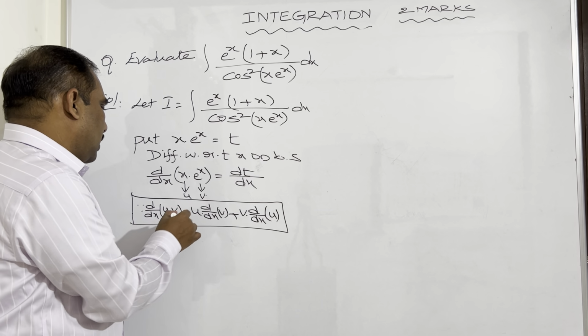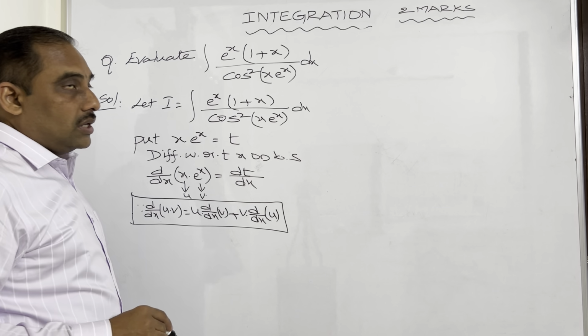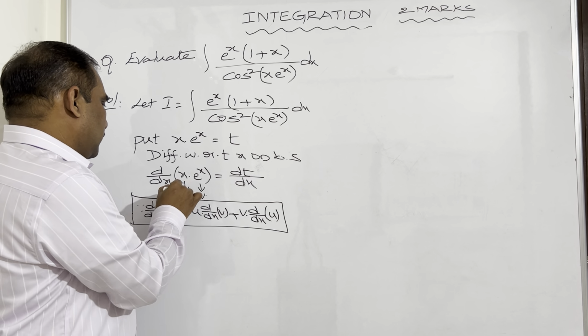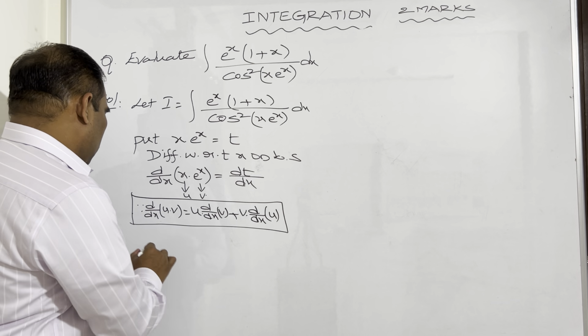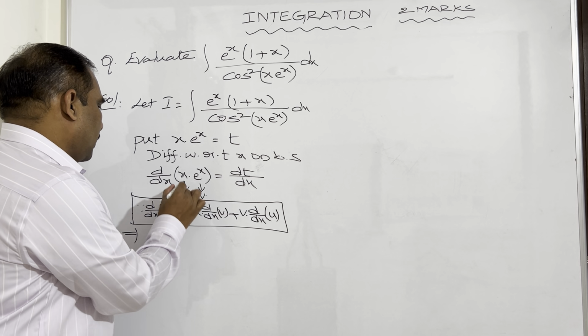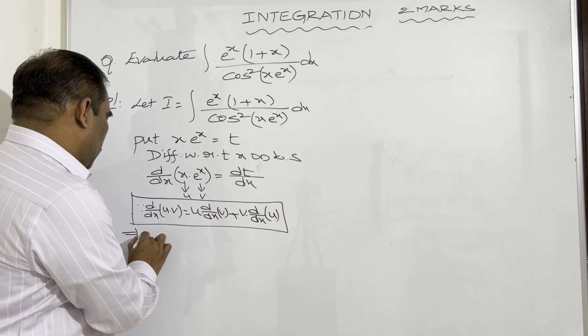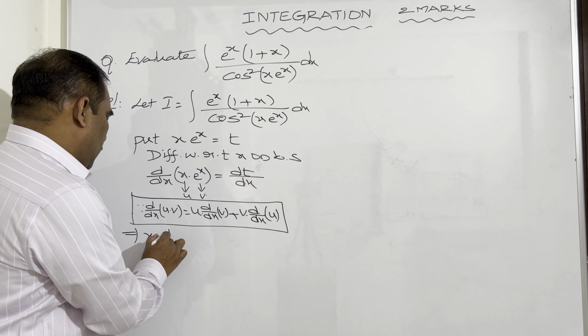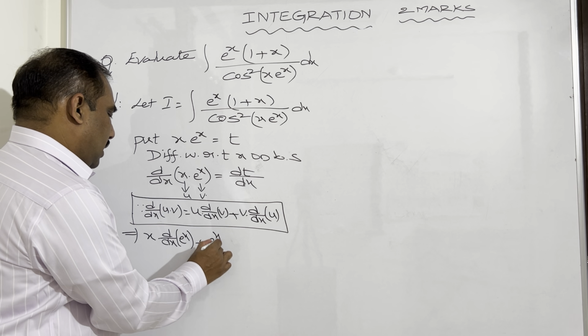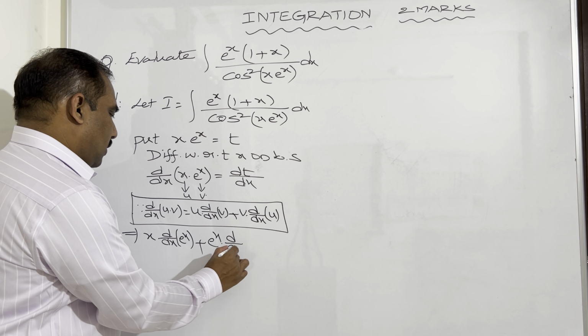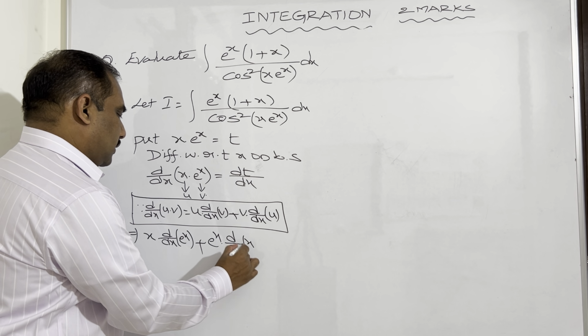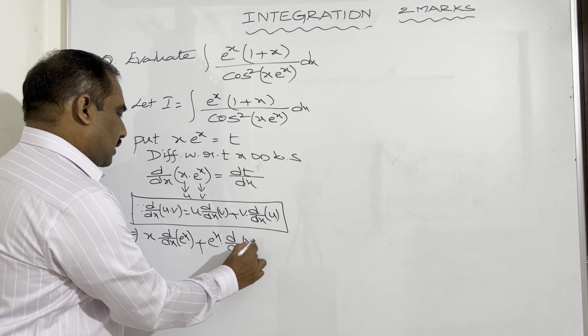Here we have taken u as x and v as e power x. So applying the formula, x into d by dx of e power x plus e power x into d by dx of x is equal to dt by dx.